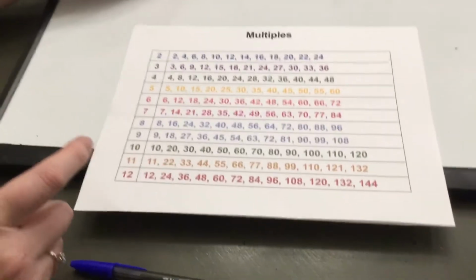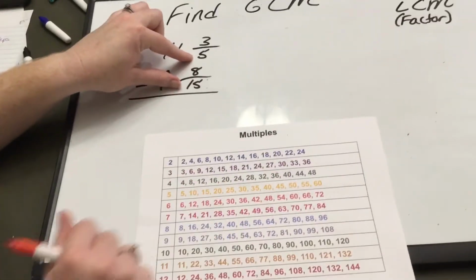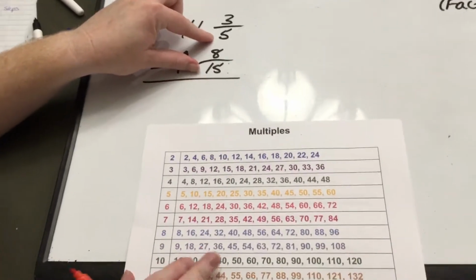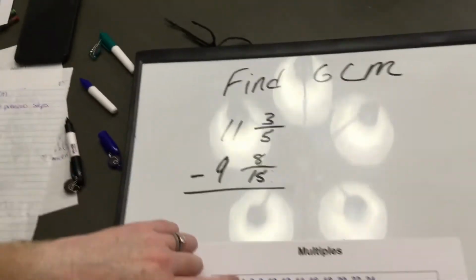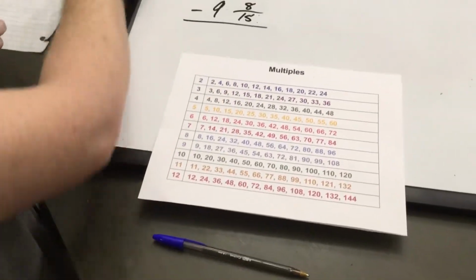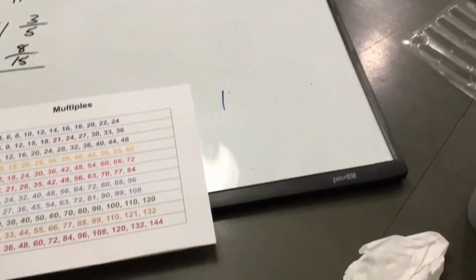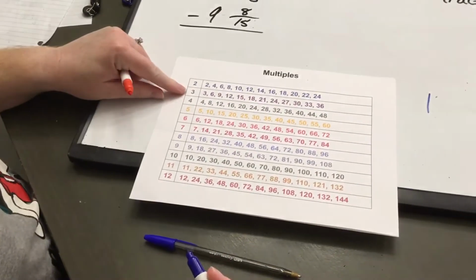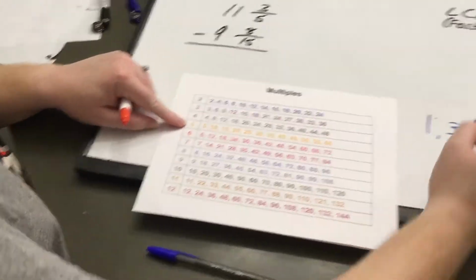So to look at 5, we already have our multiples laid out. But now, to look at our 15, we just go back and look to see which numbers have 15. We already know that 1 has 15, 2 does not, 3 does, 4 does not, 5 does.